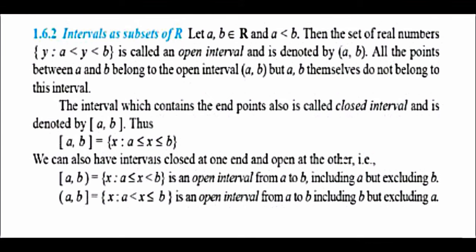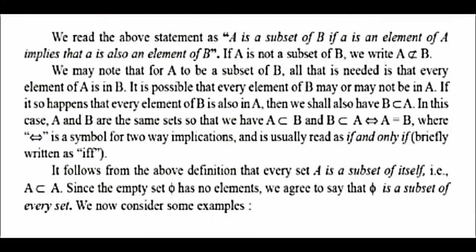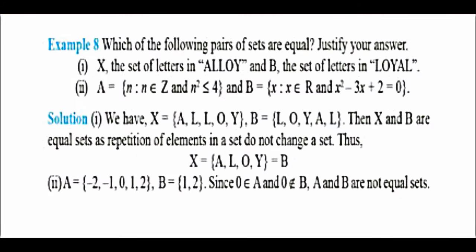Okay, so let me conclude by saying that a set is a subset when all its elements belong to its superset, and two sets are equal only when the elements of A are exactly equal to the elements of B, and if there are duplications, we don't bother.